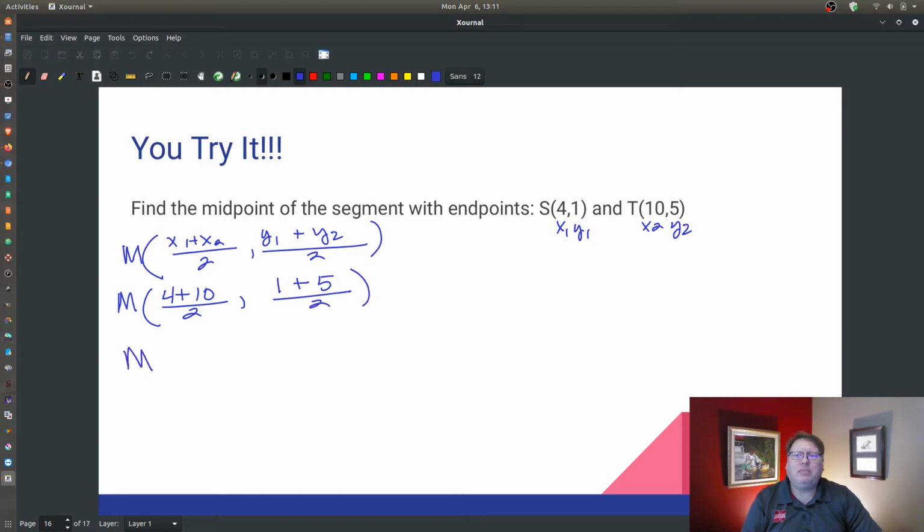So our midpoint is at 10 plus 4 is 14 divided by 2, and then 1 plus 5 is 6 divided by 2. So our midpoint is located at 14 divided by 2 is 7, comma 6 divided by 2 is 3. So our midpoint location for segment ST is at 7, comma 3.